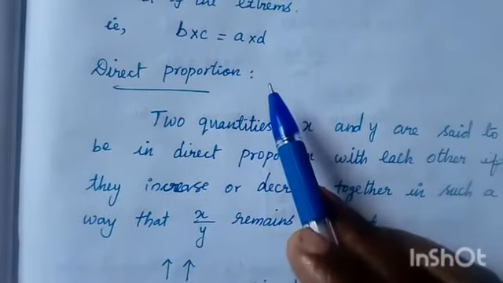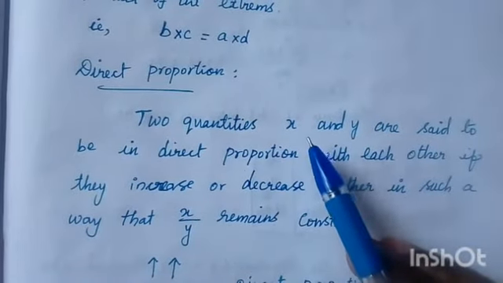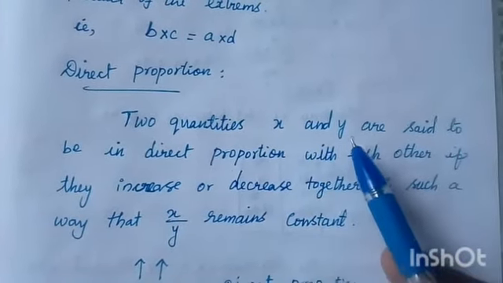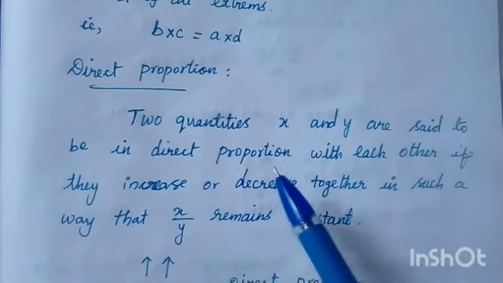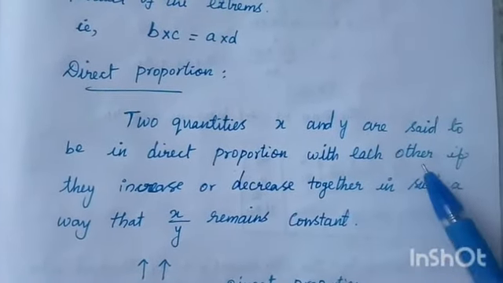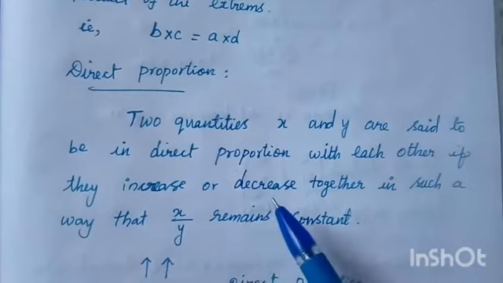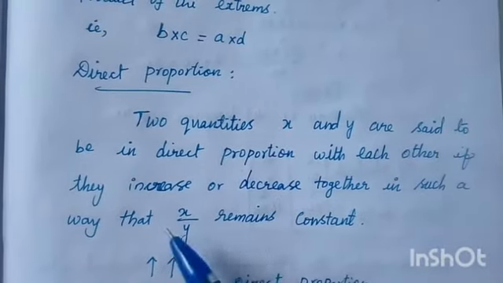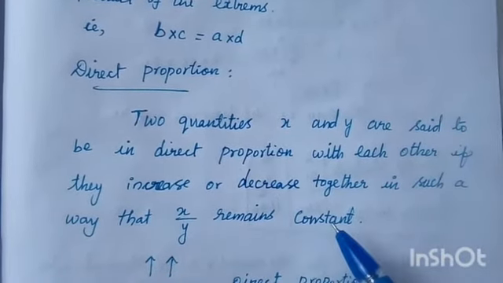Now direct proportion. Two quantities X and Y are said to be in direct proportion with each other if they increase or decrease together in such a way that X by Y remains constant.